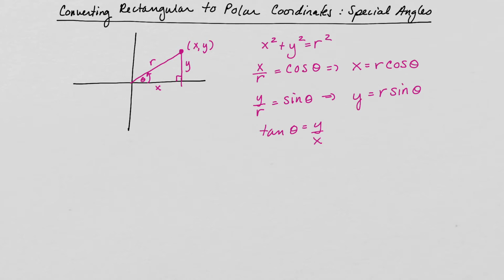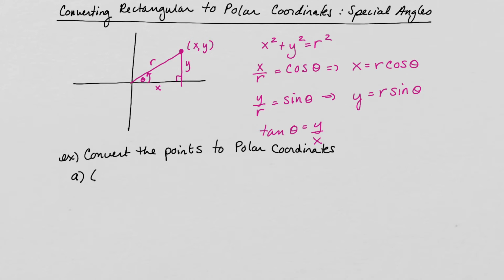So, for example, convert the points to polar coordinates. Okay, the first one here is the point 2 comma minus 2. If we think about going here, 2 comma minus 2, we're going out 2, and then we're going down 2.